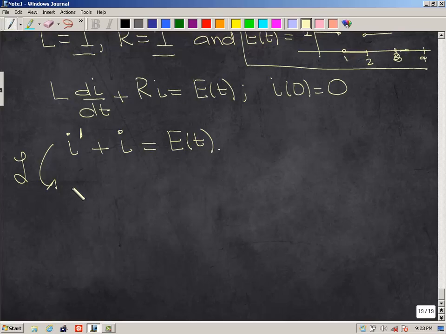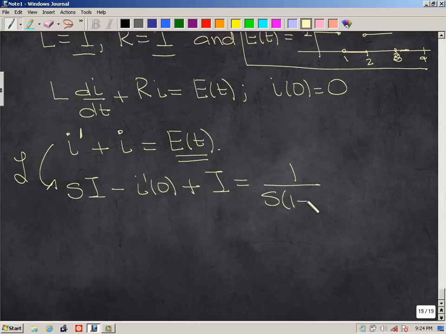Laplace of the first derivative is s times big I, minus I of 0, plus the Laplace of little I, which is big I, is equal to Laplace of E. I did that for you earlier. It was 1 over s times 1 plus e to the minus s. You can go back in your notes and look at it. That's what we did earlier, just 5 minutes ago.